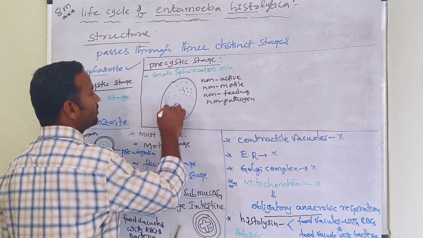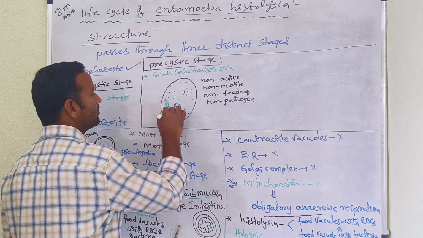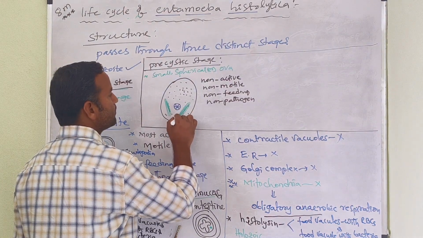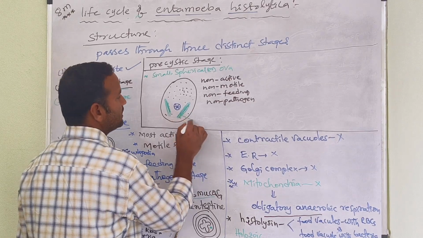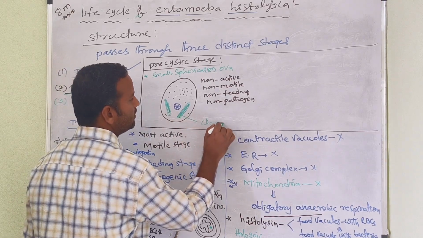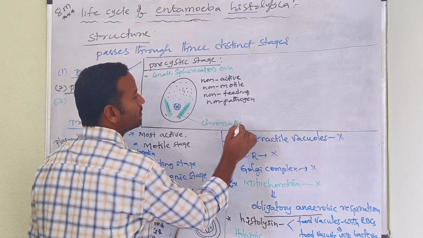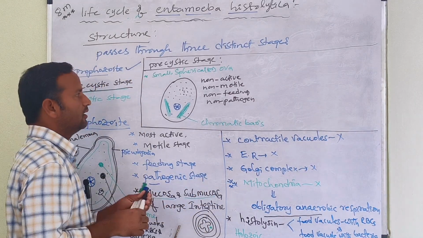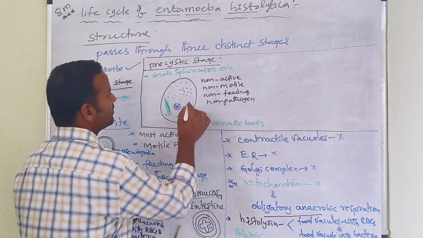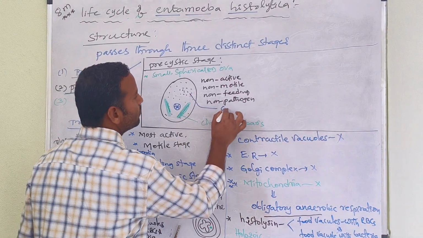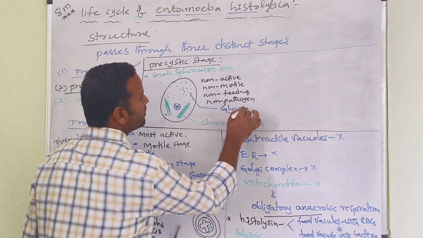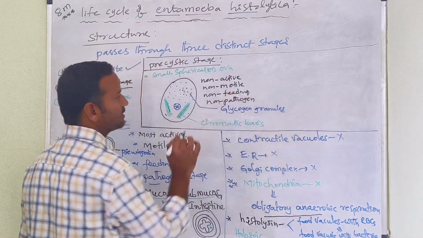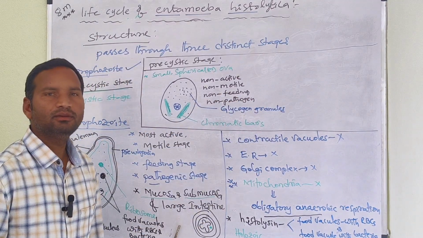These are the chromatid bars, and these are the glycogen granules.